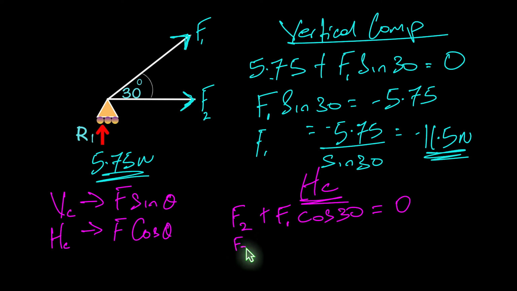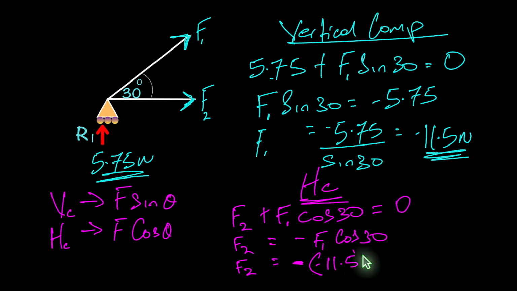So solve for F2 now. F2 would then be equal to minus F1 cos 30 if we were to simplify our equation, and then just input our value that we got for F1. So F2 would be equal to, so this is the minus for the inverse operation there, and then the value of F1 was negative 11.5, that goes there, times cos 30.